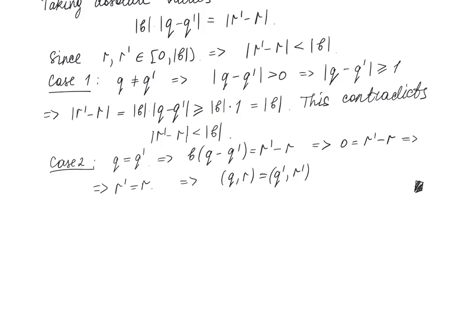We have q and r, which are integers, such that a equals bq plus r, and they are unique. And also r has the condition that it's between 0 and absolute value of b minus 1.